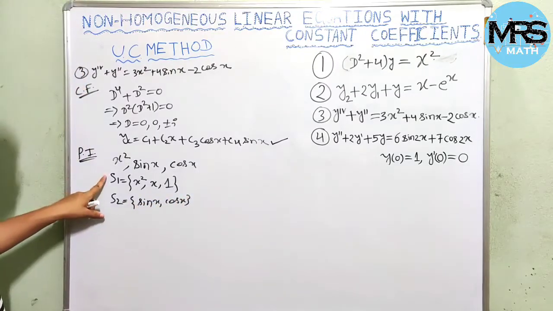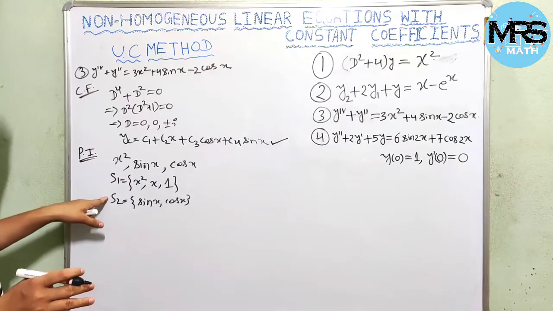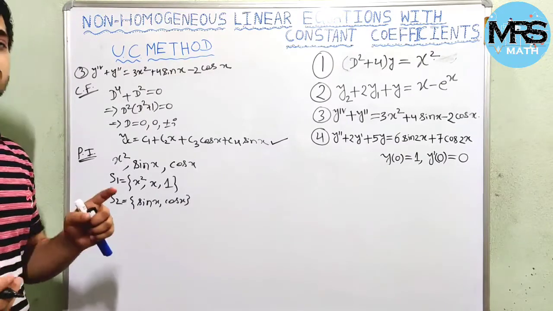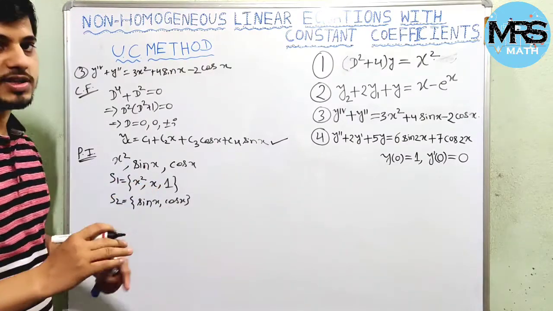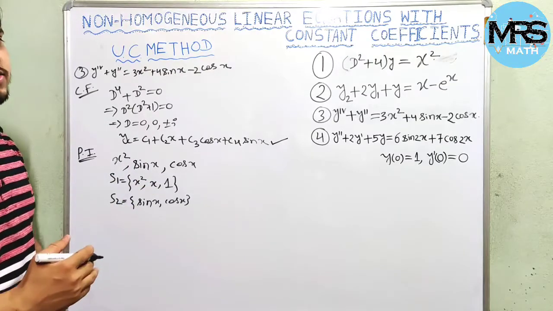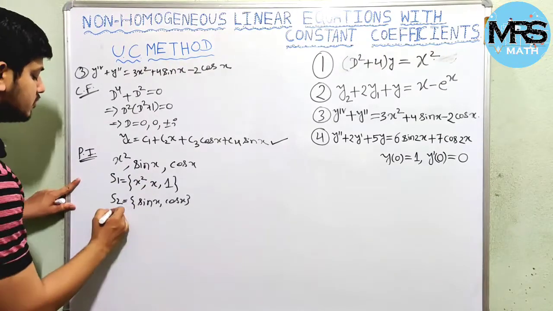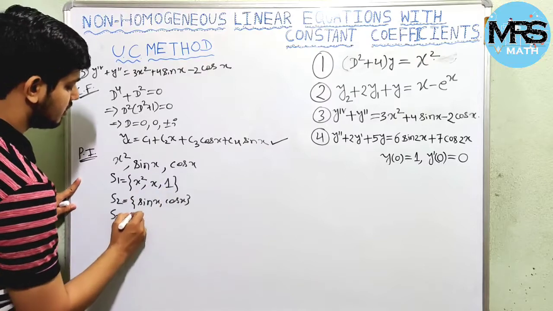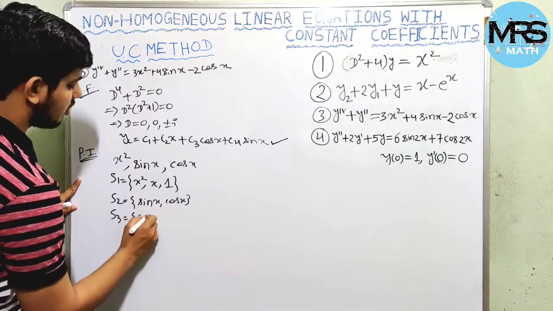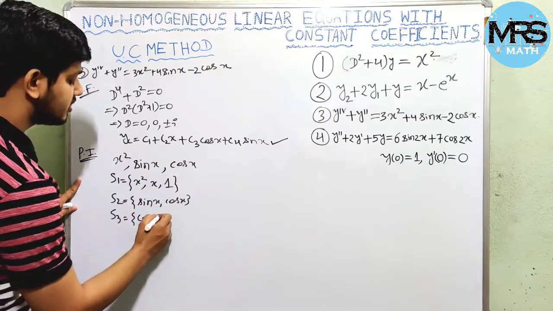If you have any doubt in this UC set, you can revisit the previous lecture so that you can understand these things easily. So h3 will be the function itself, that is cos x, and the derivative is sin x.